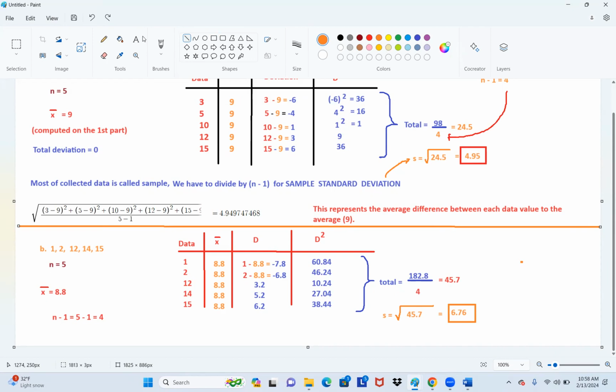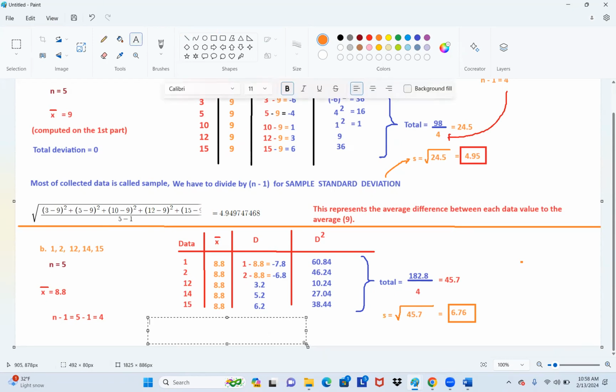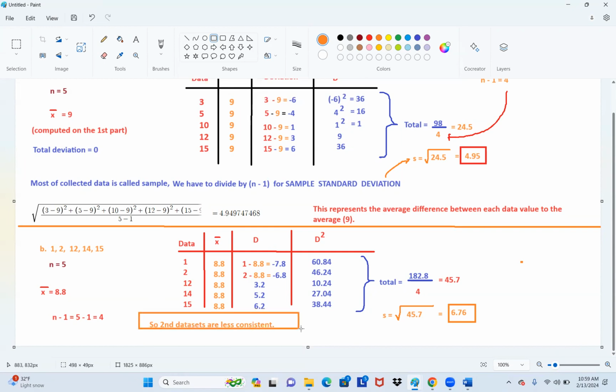So the first data set is more consistent, and the second data set is less consistent. All right, guys. Do you have any question? Any concern?